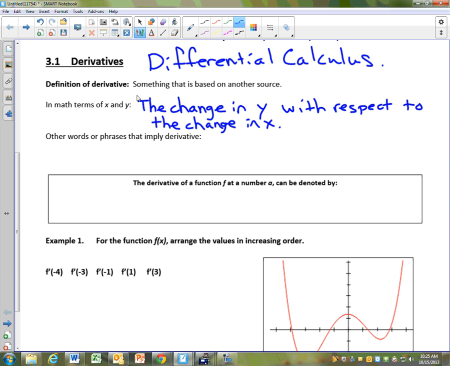So, other words or phrases that imply derivative. Now, this is not what the word derivative means mathematically, but this implies the same type of thing. Slope would be one. Rate of change would be another. Do you think of anything else?